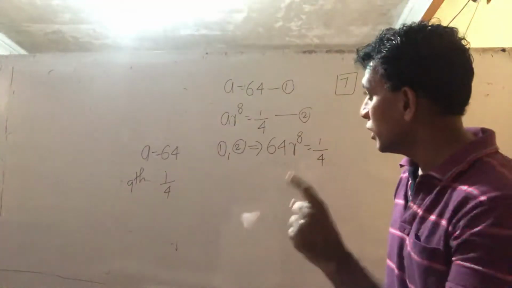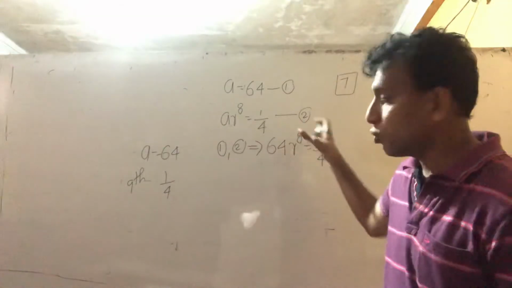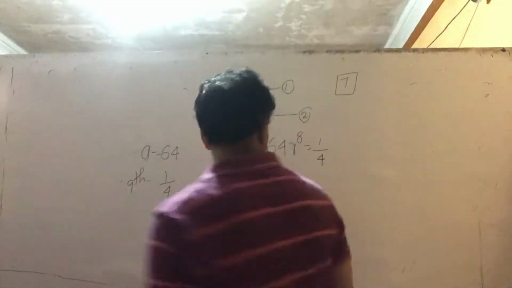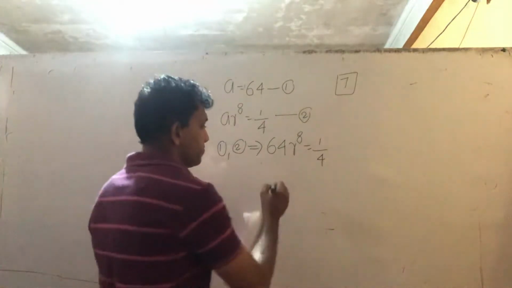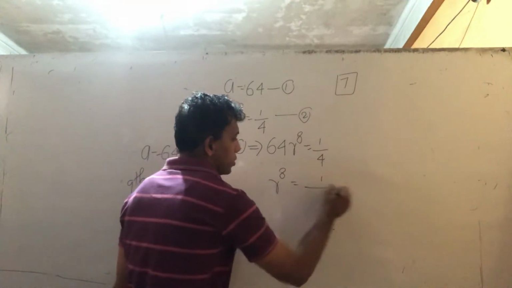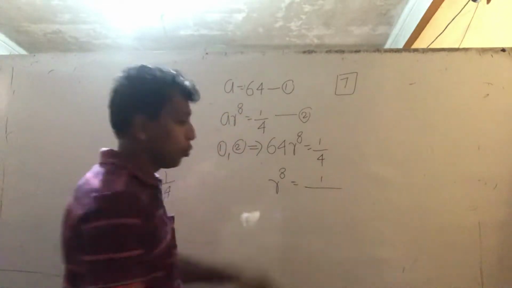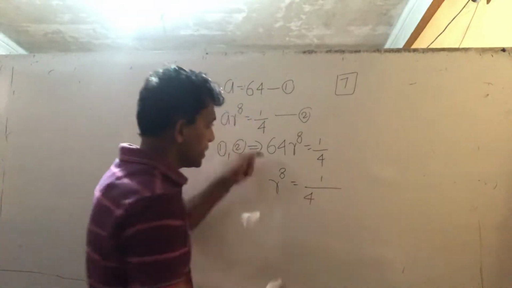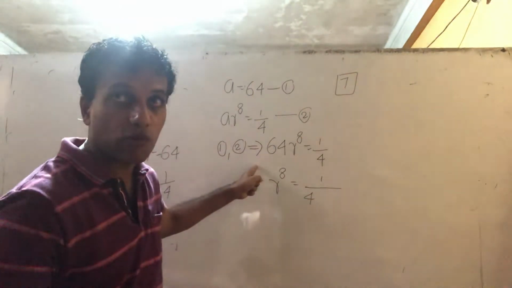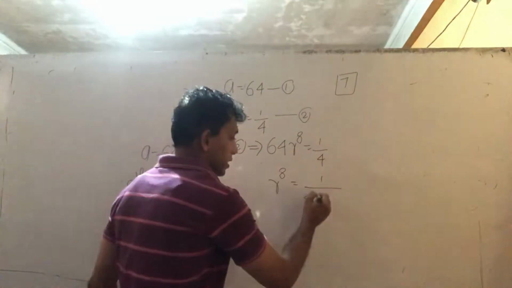Substitute the A value properly and then we can calculate the common ratio R. See how to solve this simple equation: R to the power 8 equals 1 over 4. Then take 64 to that side. This is multiplication by 64, so that side we divide like this.